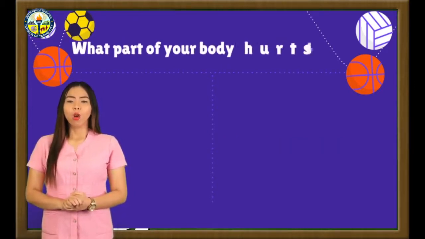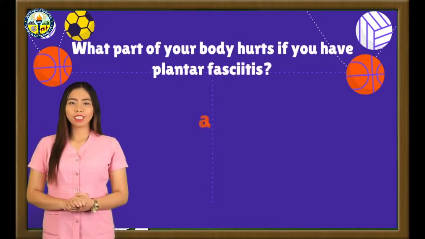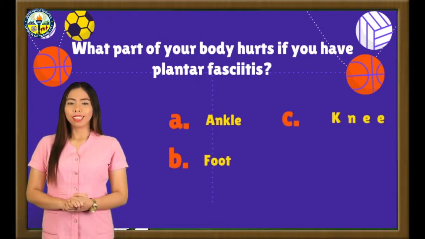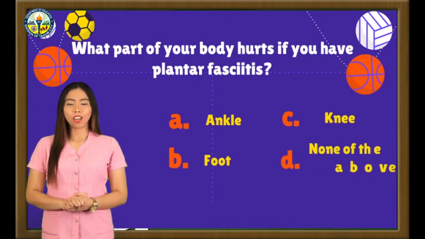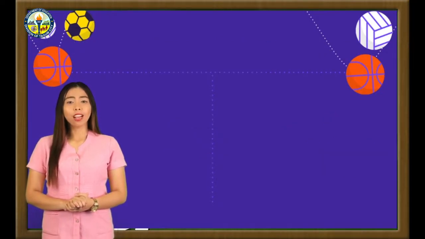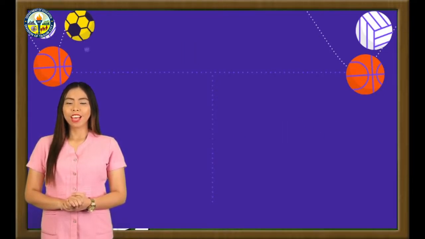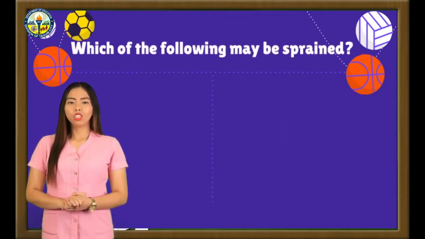Number 4. What part of your body hurts if you have plantar fasciitis? A. Ankle. B. Foot. C. Knee. Or D. None of the above. The correct answer is letter B. Foot. Number 5. Which of the following may be sprained?